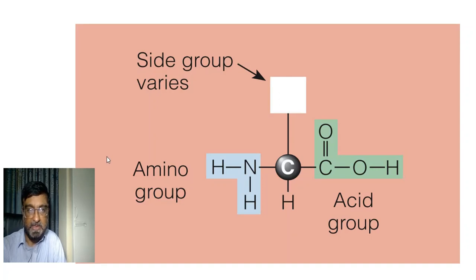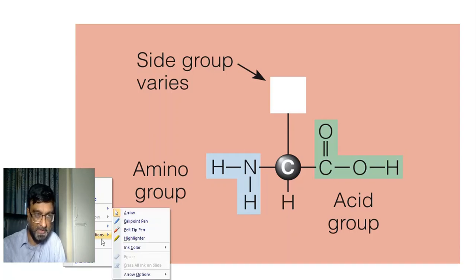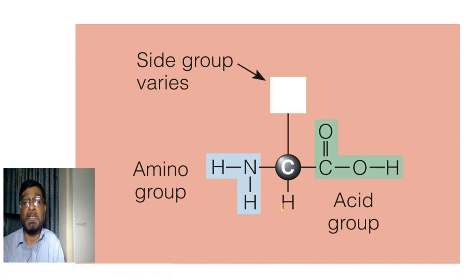So look at this one. This is a typical amino acid. As I told you earlier, each amino acid is composed of one acid group.